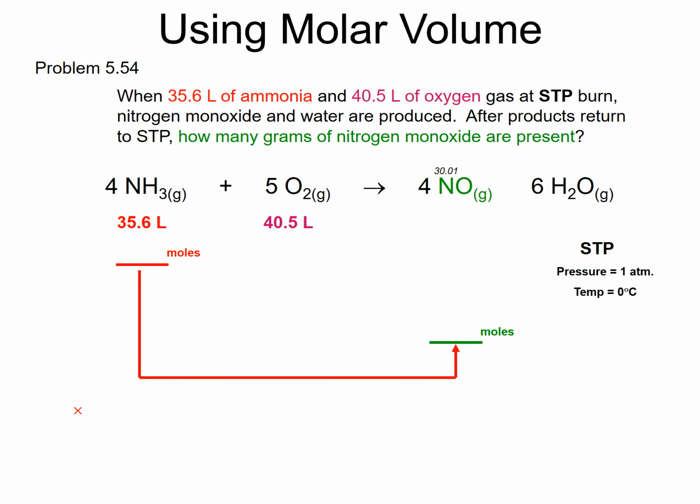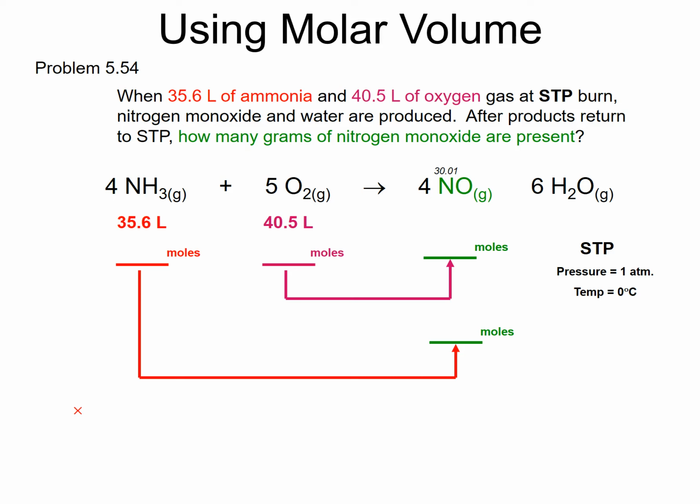We're going to convert 35.6 liters into moles and then use the reaction ratio to determine how many moles of nitrogen monoxide should be produced from that amount of NH3. We're going to work a parallel problem in exactly the same way, except we're going to begin this time with the oxygen gas. The 40.5 liters of oxygen, we'll convert that to moles, and then use the reaction ratio to find out how many moles of nitrogen monoxide are going to be produced.